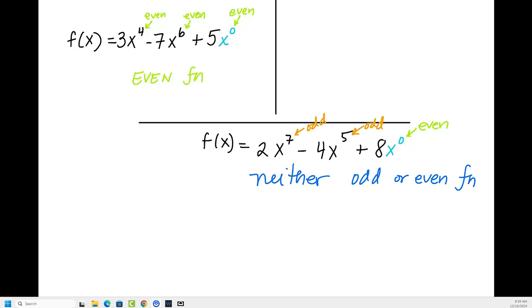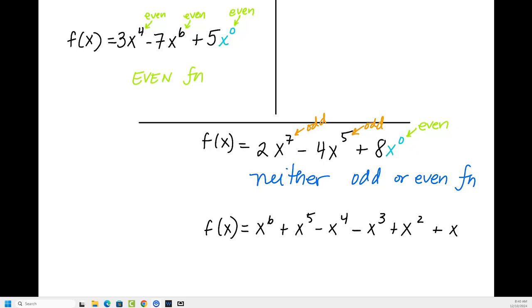And then one that's probably even more obvious, that one had the constant. How about this one where I just do f of x is equal to x to the 6th plus x to the 5th minus x to the 4th minus x to the 3rd plus x squared plus x.